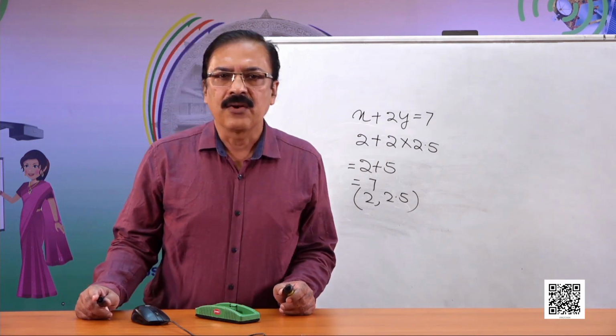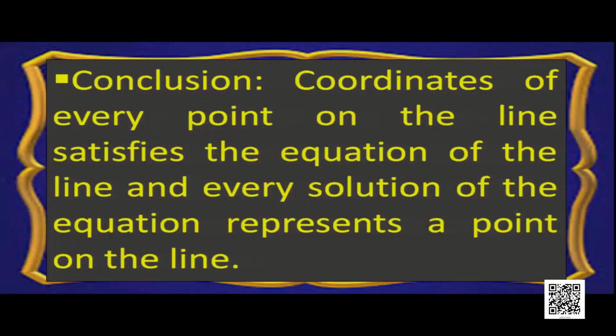Let's conclude it: the coordinates of every point on the line satisfy the equation of the line, and every solution of the equation represents a point on the line.